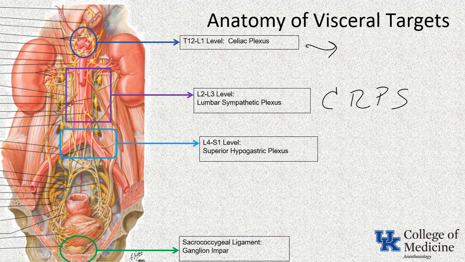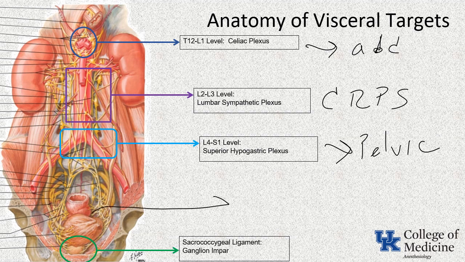Celiac plexus is going to cover most abdominal structures. The superior hypogastric plexus block is going to cover the majority of the pelvic cavity and structures that are in contact with the peritoneum.